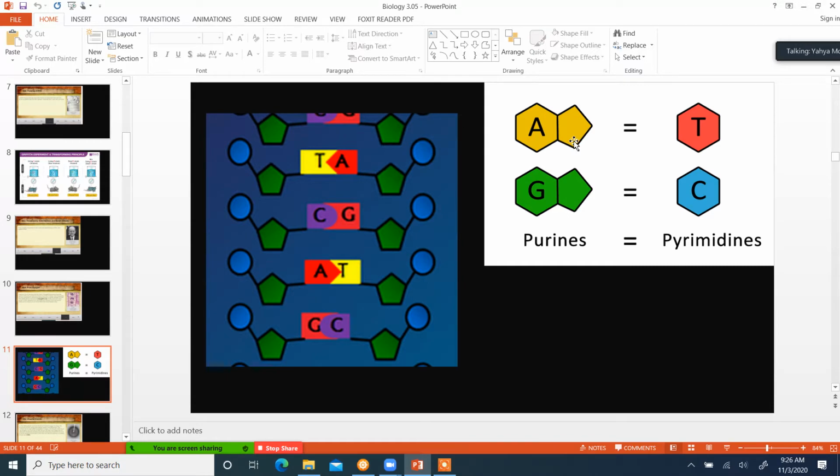T and C are basically just a hexagon, smaller than A and G. What Chargaff's rules say, what this person found out, is that A always binds with T, and G always binds with C.